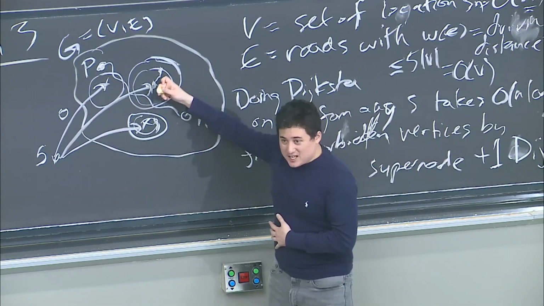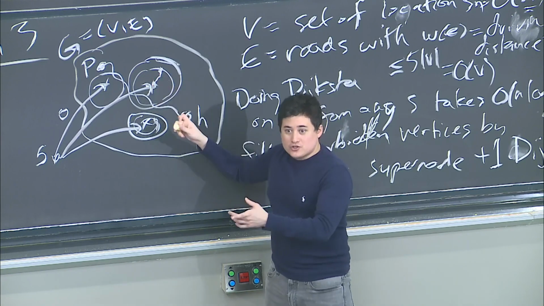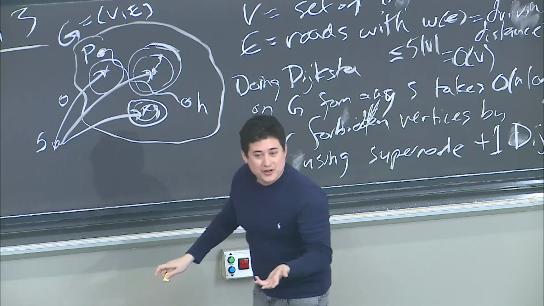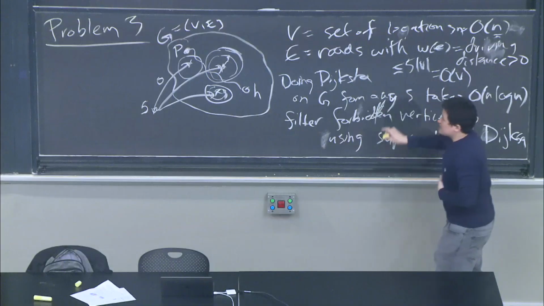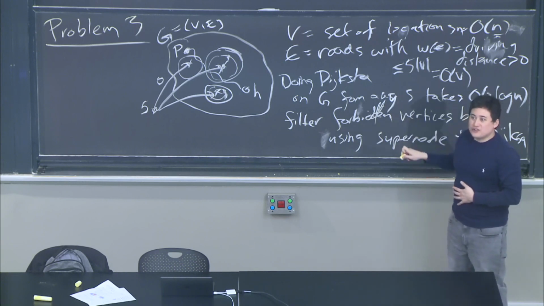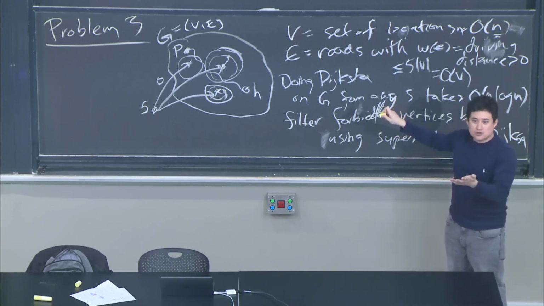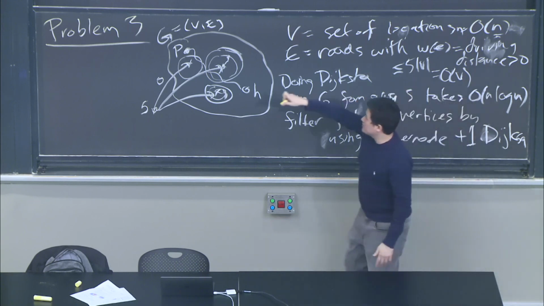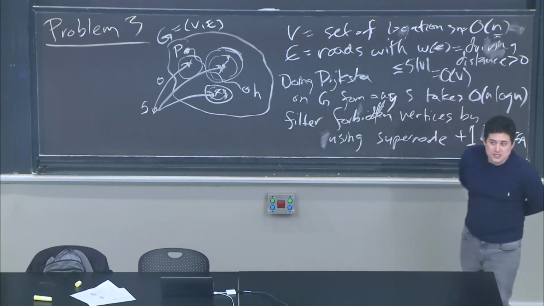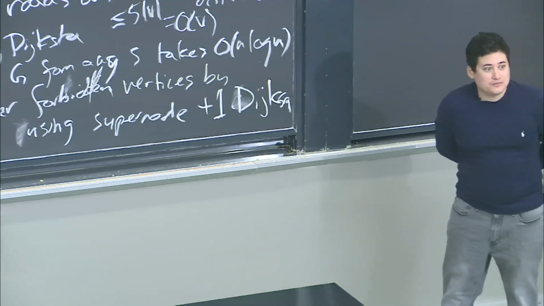Then I run this, and I remove all those vertices, and I construct a new graph from G. That's a 3rd graph that I'm constructing now. But notice that the graph that was implicit in my problem was very different than the graph that I'm ultimately running a shortest path algorithm like Dijkstra on from P to see if a path exists. Does that make sense? Any questions on this problem?